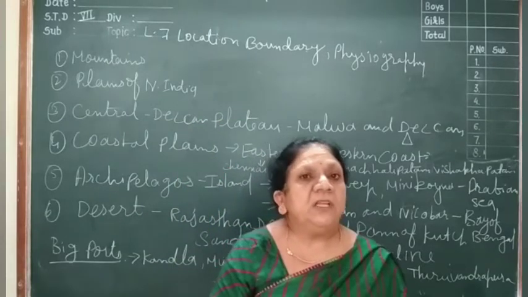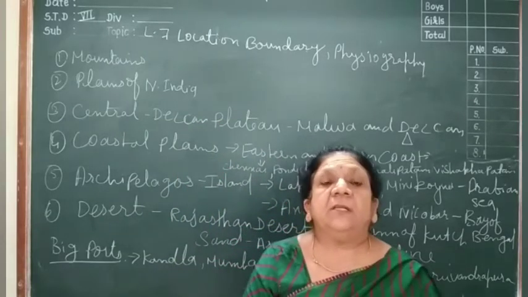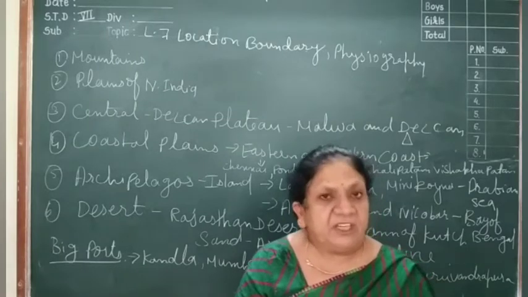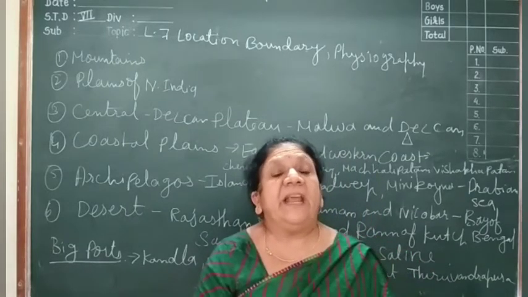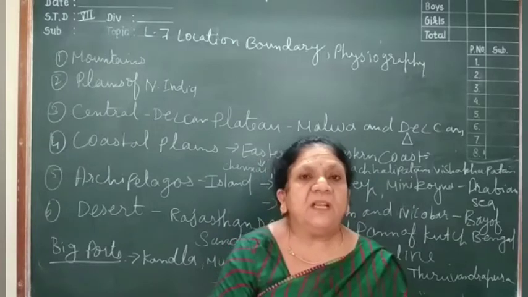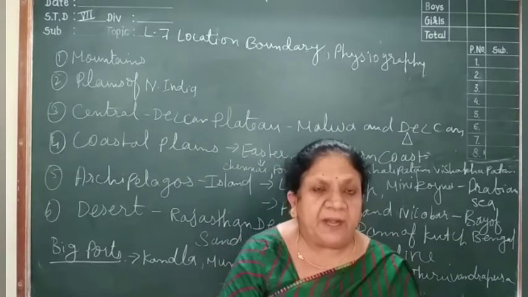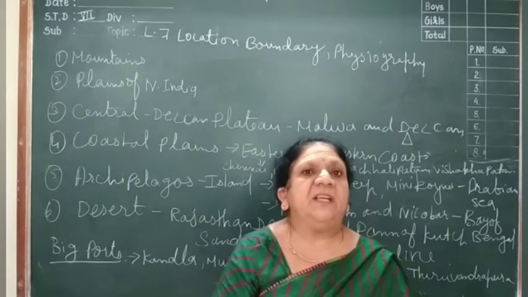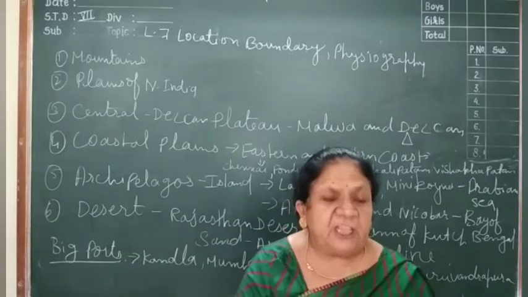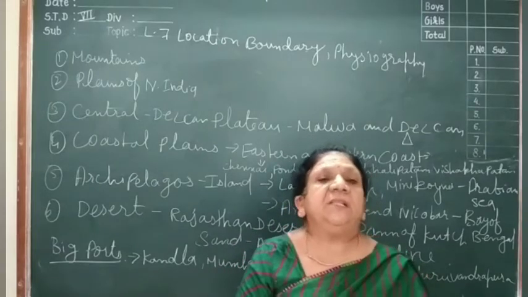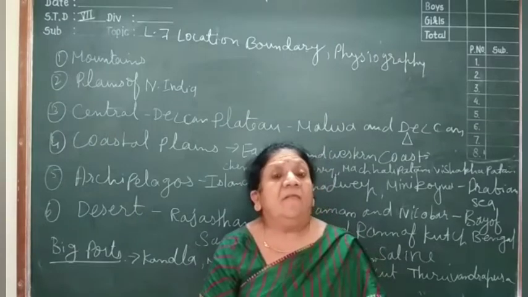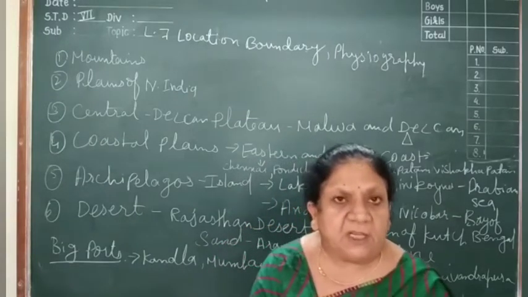The soil is very fertile and very useful for vegetation, and people are densely populated. The north plains are very densely populated, but in the mountain areas people cannot stay because of the glacier. Dense population is only in the plain areas.